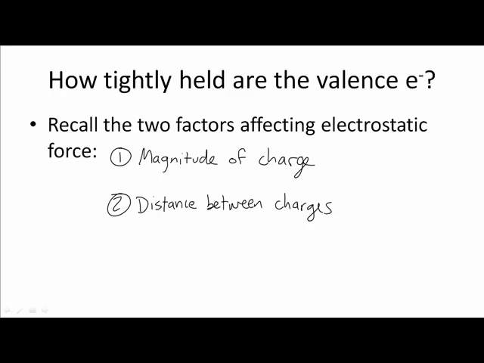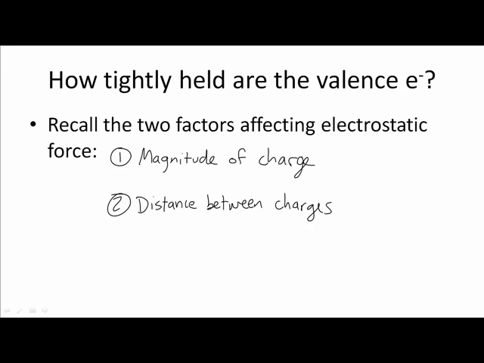So for us, when we're considering magnitude of charge, essentially that's going to be the magnitude of the charge from the nucleus. The charge of a valence electron, charge of an electron, is always 1. So we're going to be considering, like, what is the magnitude of charge of the nucleus, but with one little wrinkle that we'll talk about in a minute, because the valence electrons don't feel the full charge of the nucleus.